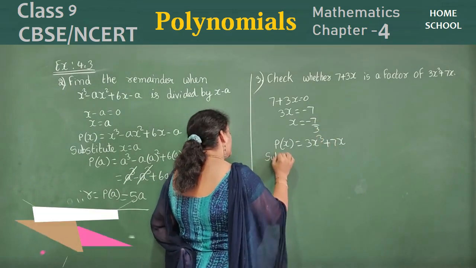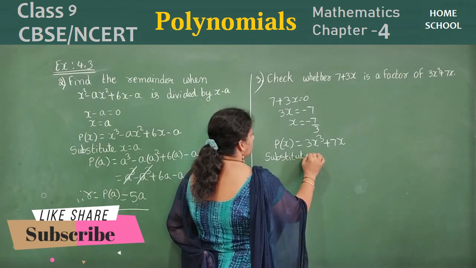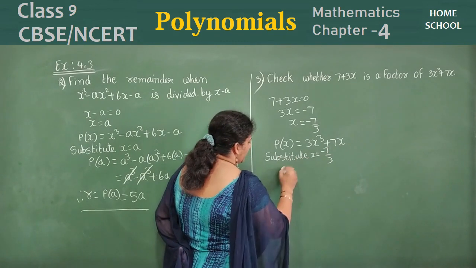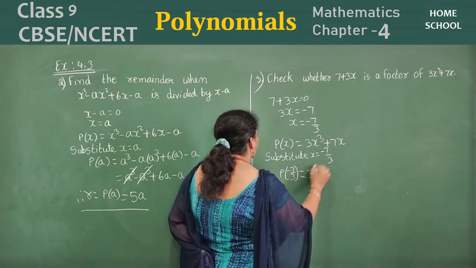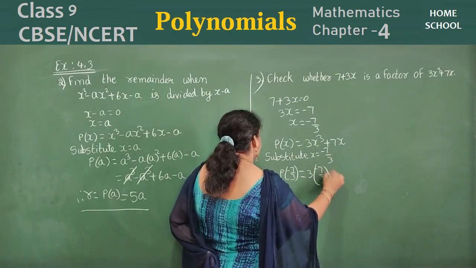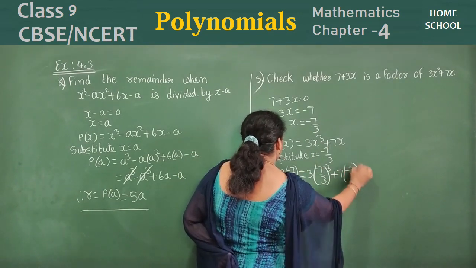On substituting, substitute x is equal to minus 7 by 3. We get p of minus 7 by 3 is equal to 3 into minus 7 by 3 whole cube plus 7 into minus 7 by 3.